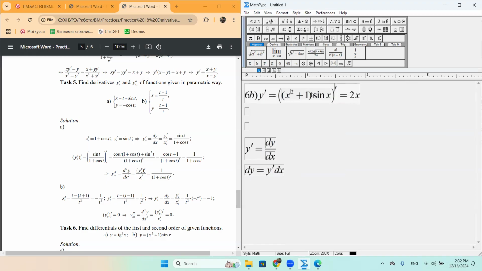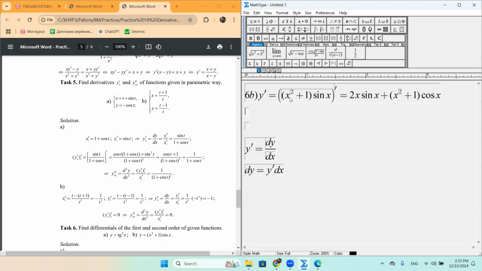So 2x by sine of x plus this expression multiplied by cosine of x. And now let's calculate the second derivative.